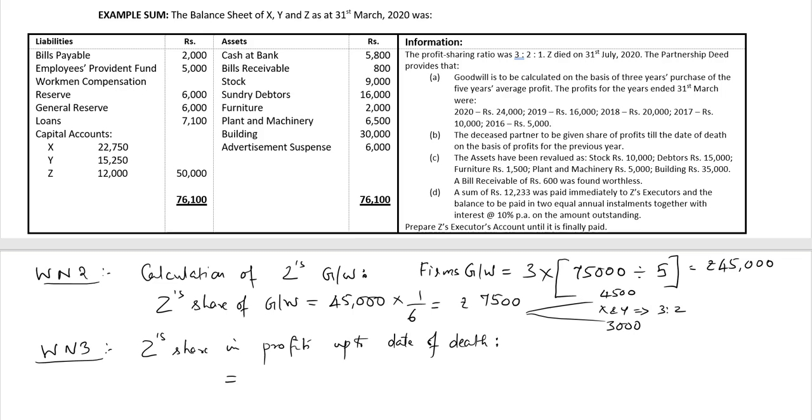So this amount is equal to the previous year's profits, which is 24,000, multiplied by the number of months, which is 4 months from 1st April 2020 to 31st July 2020, 4 by 12, multiplied by Z's share in profits, which is 1 divided by 6.